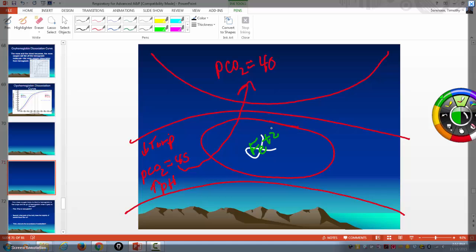when that blood gets back to the pulmonary capillary and the cell, what are the conditions? Lower temperature, lower PCO2, higher pH, and what's the PO2 of the alveoli? 100. What's the PO2 of the venous blood? 40. Boom. So, what are the conditions at the lung?